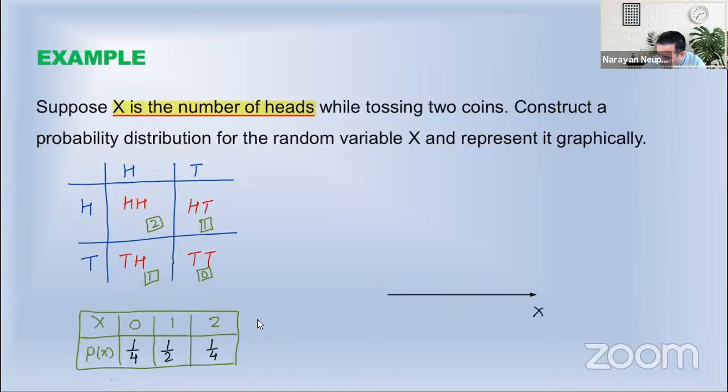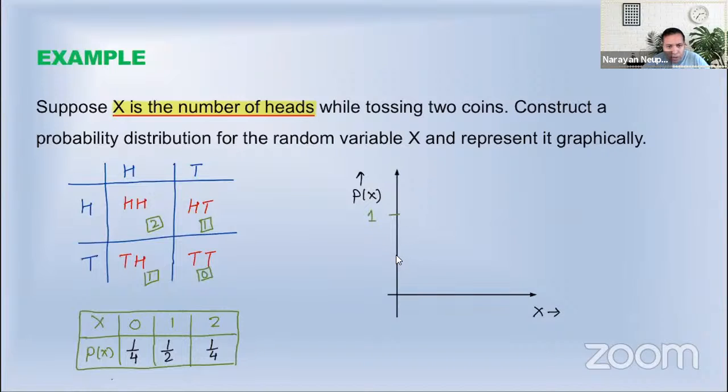Your x, the random variable, will be along the x-axis, and you'll have the probabilities along the y-axis, like that. Now, you know that the total probability will be 1, so the maximum we can go along the y-axis is 1.